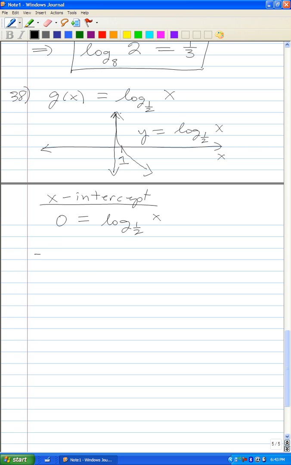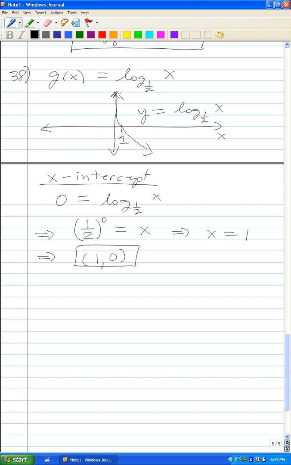So let me rewrite this in exponential form. The base is 1/2, the exponent is 0, the result is x. Well, 1/2 to the 0 is just 1, so x is 1. Therefore the x-intercept is at (1, 0).